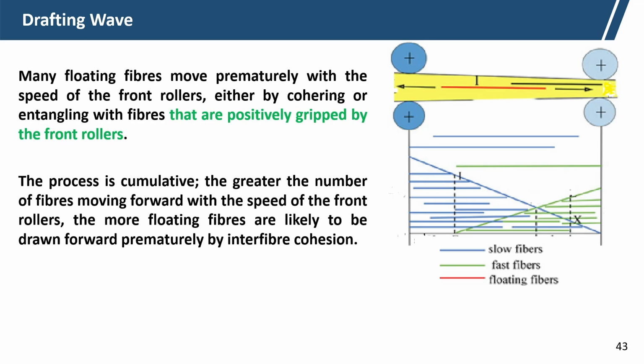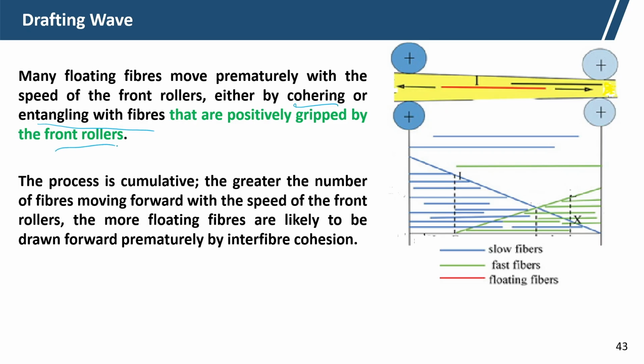Now, many floating fibers move prematurely with the speed of the front roller. They are not supposed to move at that speed, but they are moving either by contact force or by entanglement, and are positively gripped by the front roller.